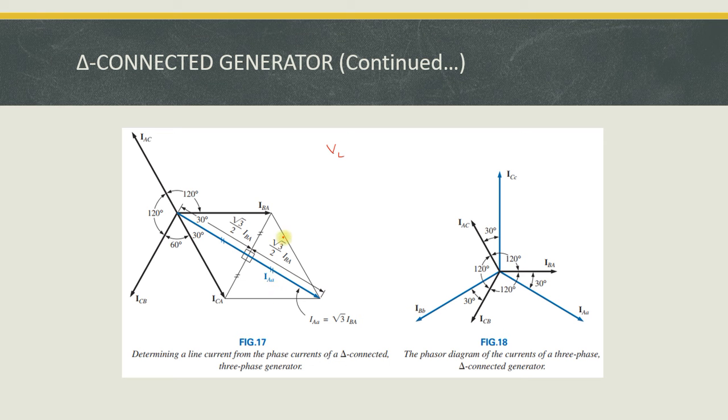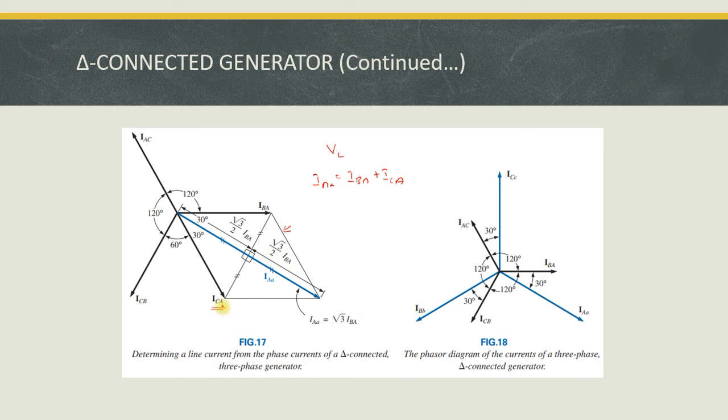IAC is extended in the opposite direction, and then it is taken as ICA. Here the line current IAA is the vector addition of IBA plus ICA. In vector addition of two vectors, you draw lines parallel to the other vector. From the tip of IBA, a line is drawn parallel to ICA.